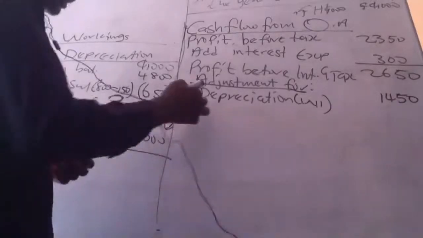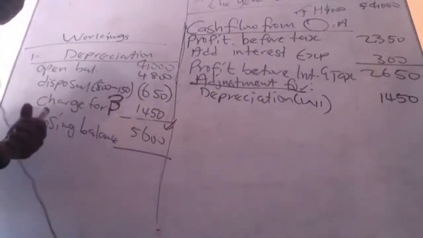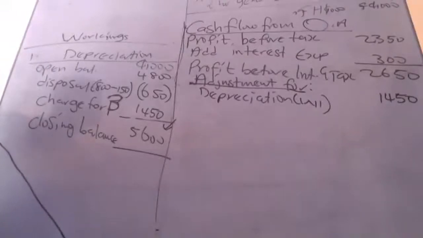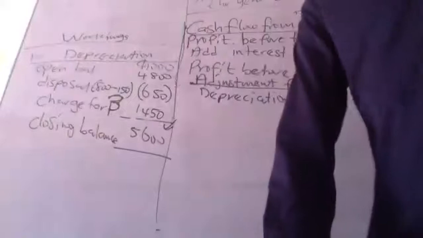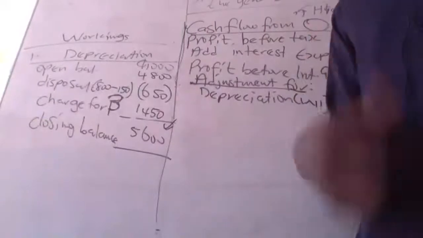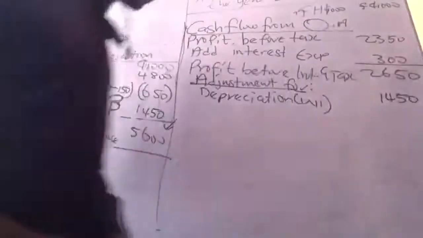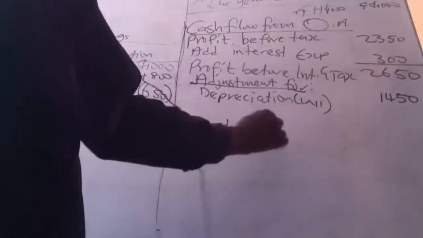Good. Then you check. Is there any profit or loss on disposal? Did they dispose any of their assets during the year? So let's go to the notes. Oh yes, there was a disposal. Let me bring the details here for you. The cost of the disposed asset is 800.